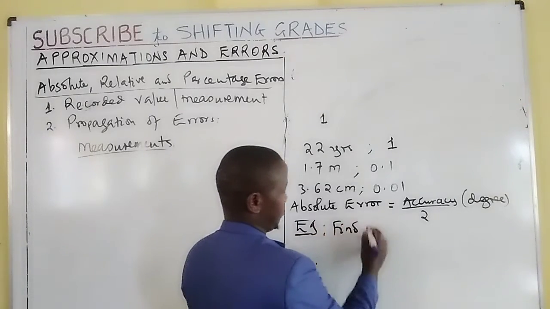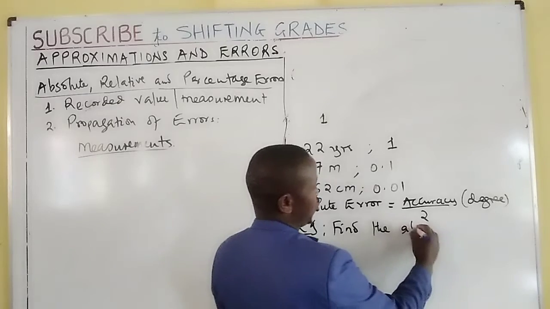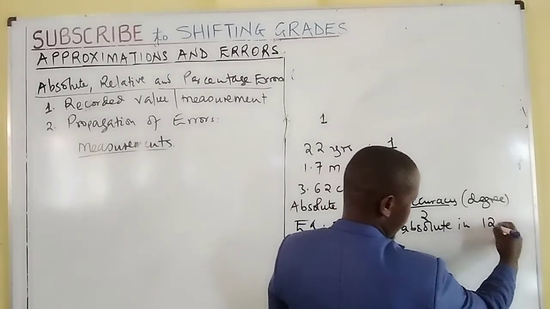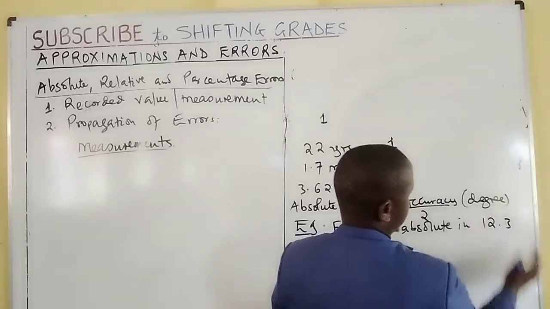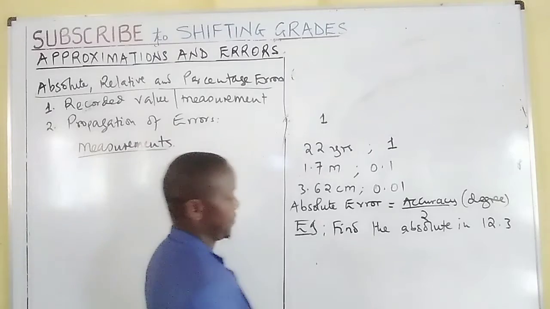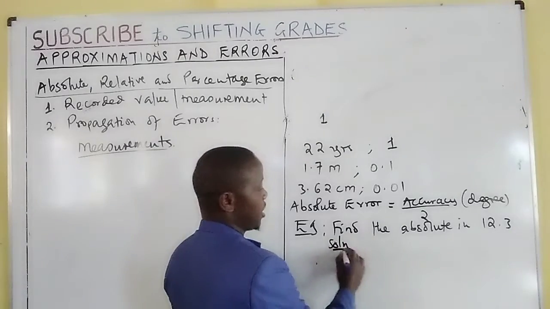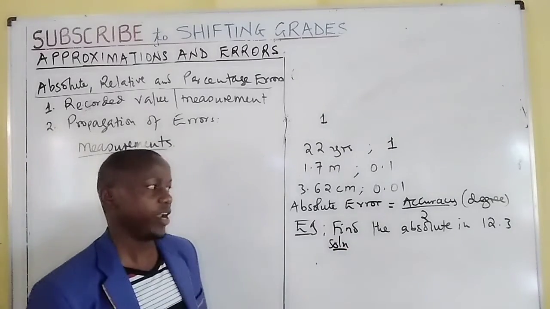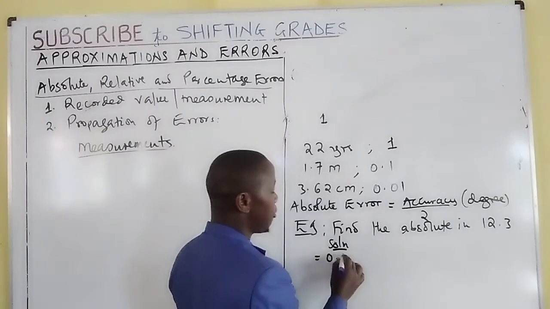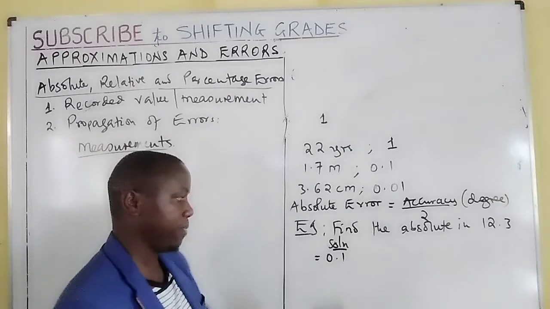For example, find the absolute error in 12.3. In this case, solution: 12.3 has been recorded to 1 decimal place, and therefore the accuracy is 0.1 because it is to 1 decimal place.